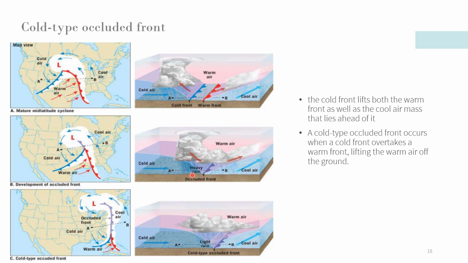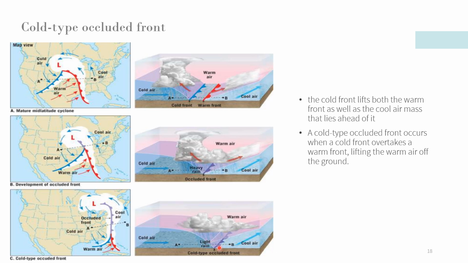So when this cold front overtakes the warm front, they produce a cold type occluded front, and in this illustration C below, after the warm air has been forced above, the system then begins to dissipate.